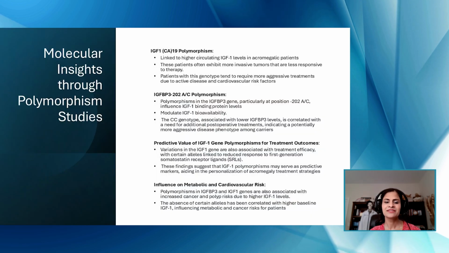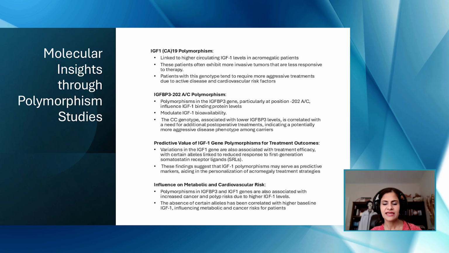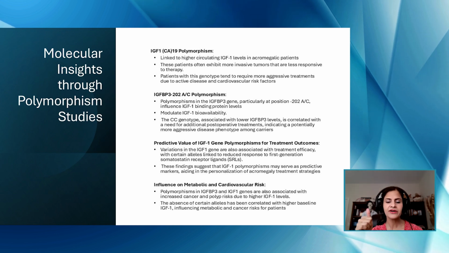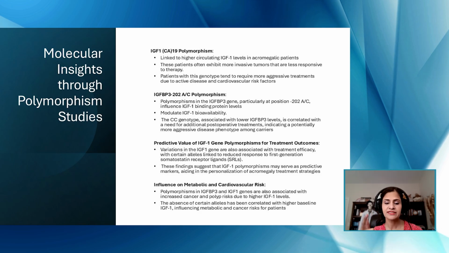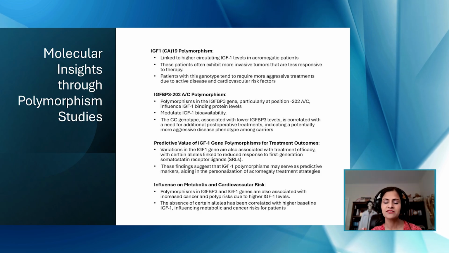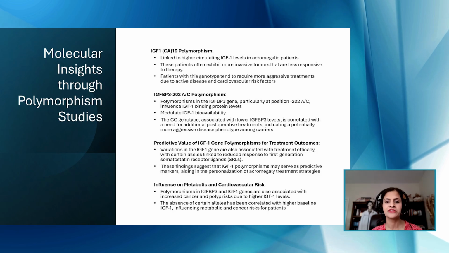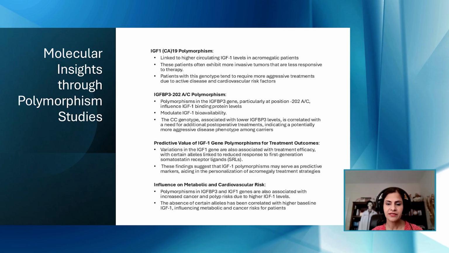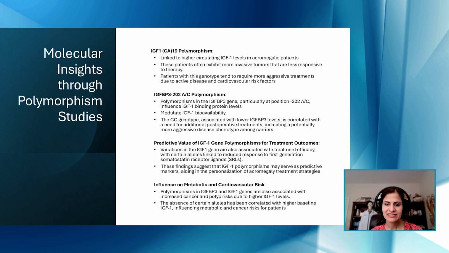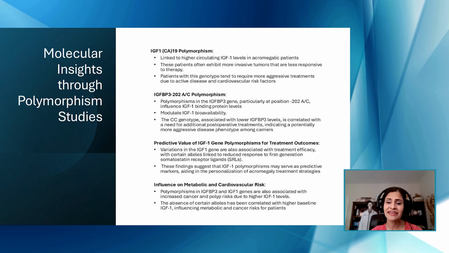A word about some specific polymorphism studies. The IGF-1 CA19 is linked to higher circulating levels of IGF-1 and more invasive tumors, and it's less responsive to treatment. So that's helpful information to have when you're trying to tailor your treatment strategy or algorithm. The IGF-BP3 202AC polymorphism influences IGF-1 binding protein.